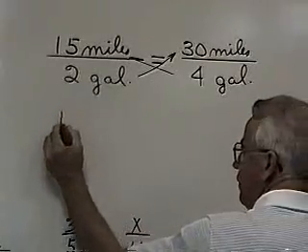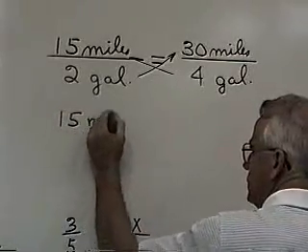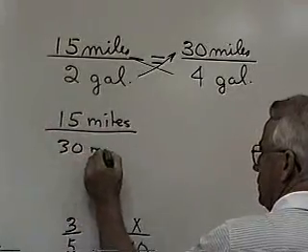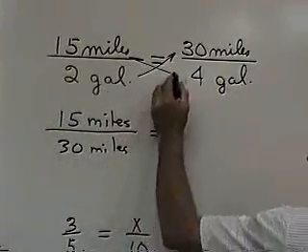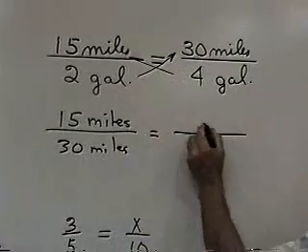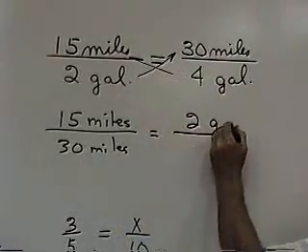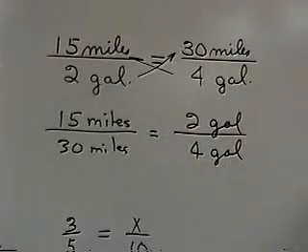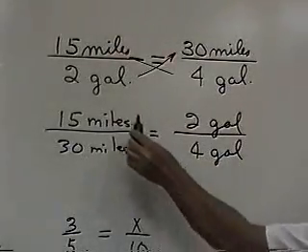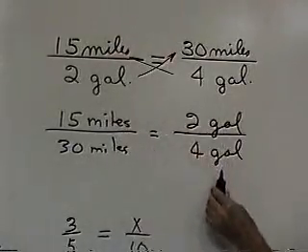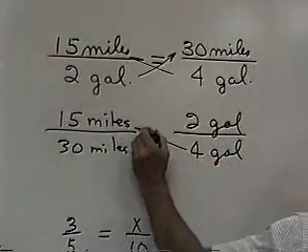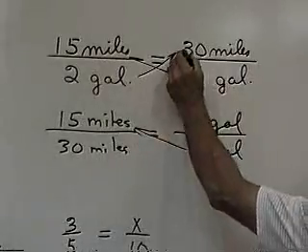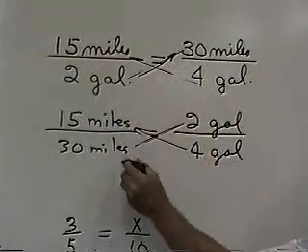We can write 15 miles is to 30 miles. What I'm doing is switching this down here, and as 2 gallons is to 4 gallons. They have miles to miles, gallons to gallons. And notice the cross multiplying are the same numbers. It's still 4 and 15. And multiplying here is the 30 and the 2.